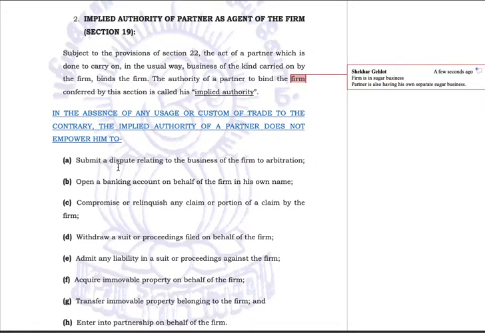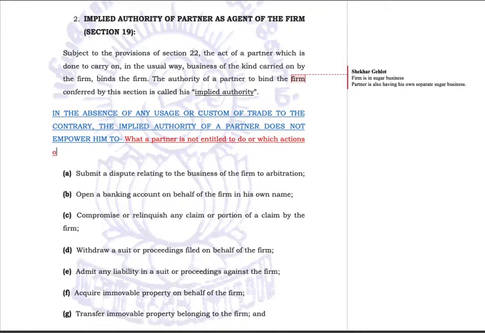Just simply understand what a partner is not entitled to do. Submit a dispute relating to the business of the firm to arbitration.